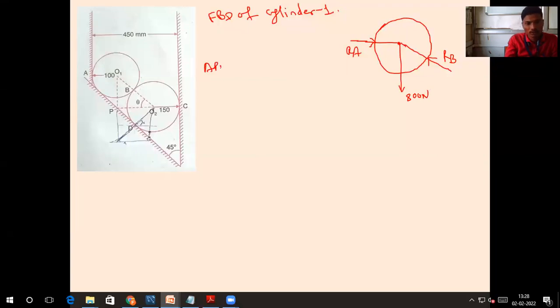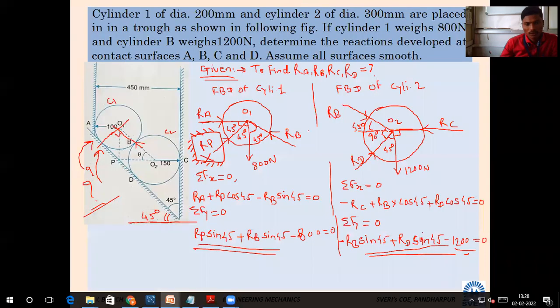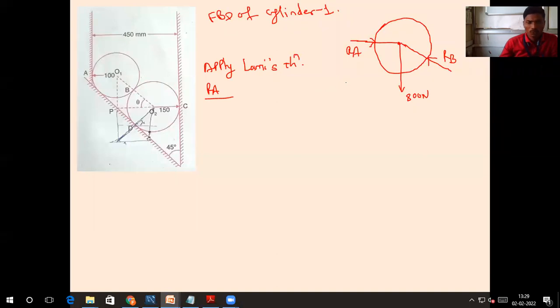So apply Lami's theorem and tell me. What will it become? RA divided by how much? Is it possible to find the angle? RB. Have we found that angle? 45. How?